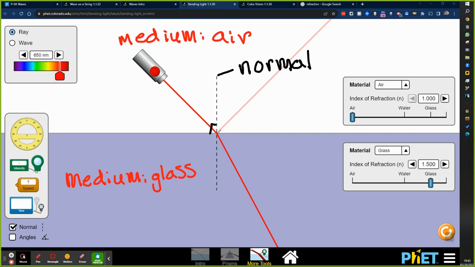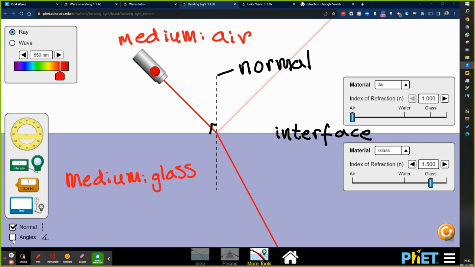We can refer to this line, I think this is the official word, as the interface. So the interface is where it changes from one into another, and the normal is at right angles to that. So we've gone from the medium of air to the medium of glass, and it changes direction.